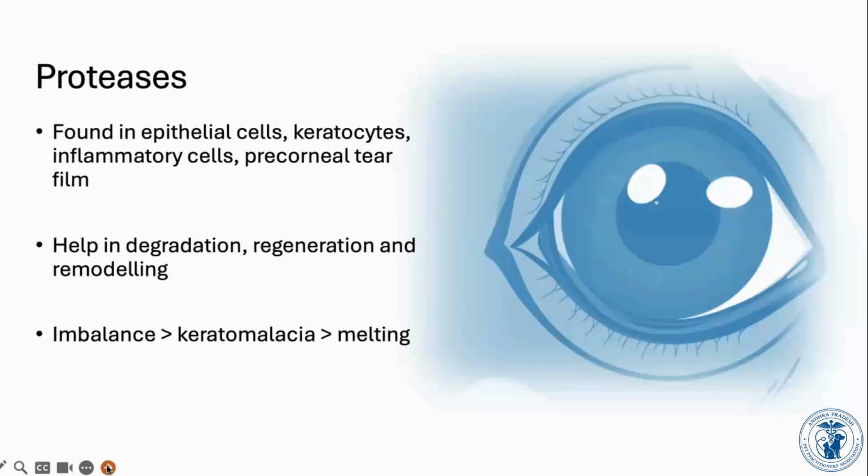When there is a corneal ulcer, there'll be some bacteria around that. So bacteria also produce proteases or a lot of proteolytic enzymes. So when there is an imbalance in the proteases, there'll be a lot of degeneration or collagenolytic activity on the cornea. If it is not controlled timely, it leads to melting ulcers also.